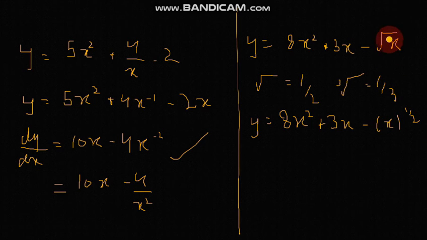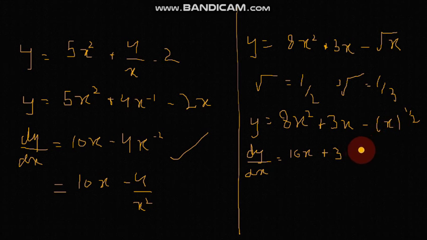Because x was under root, and under root is equal to 1 over 2, so under root x means x with power 1 over 2. Obviously now it has become easier for you to differentiate, so now you can differentiate it. This will become dy over dx is equal to 16x, 2 multiplied by 8 is 16 and 2 minus 1 is 1, so 16x plus the derivative of 3x is 3.